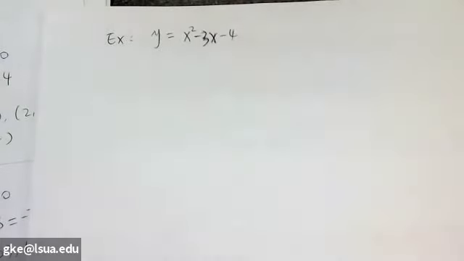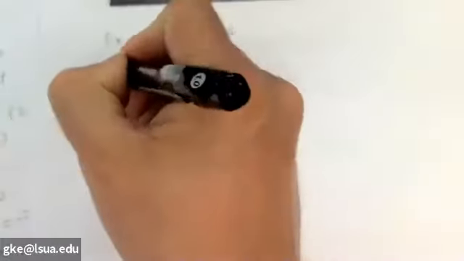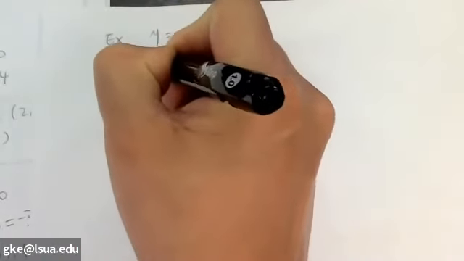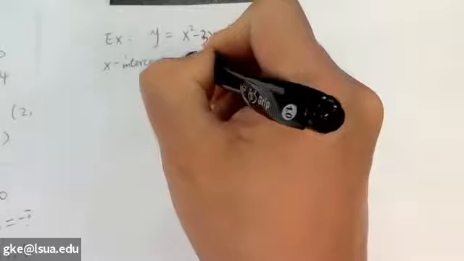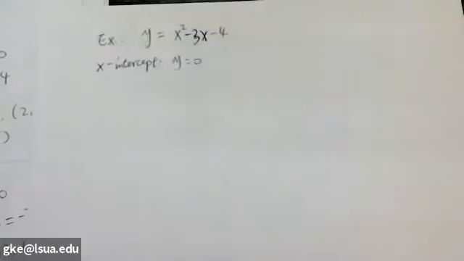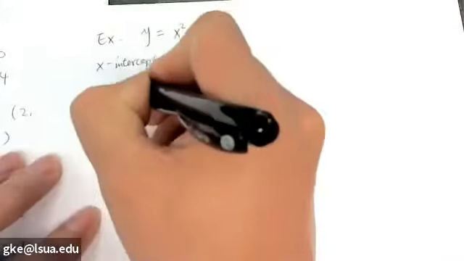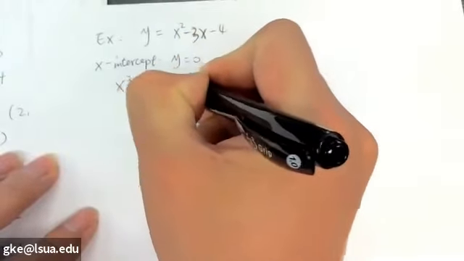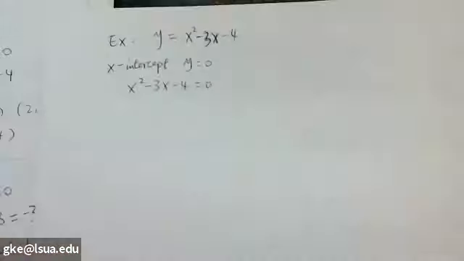Okay, I'm gonna write down the answer on the board. Follow the strategy. For the x-intercept, y equals 0, right? So we have x squared minus 3x minus 4 equals 0.